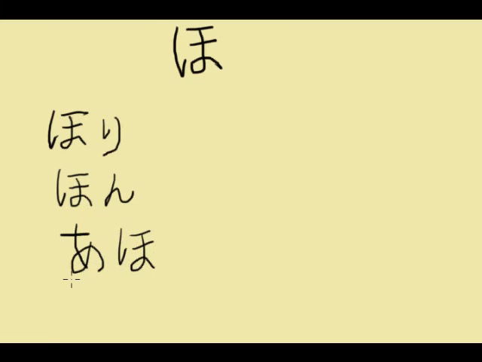Aho, aho. Now, this is ho, and it's on the line, so it's like ha becomes ba or pa, and he becomes be or pe. Ho becomes, it shouldn't be too difficult to figure out.